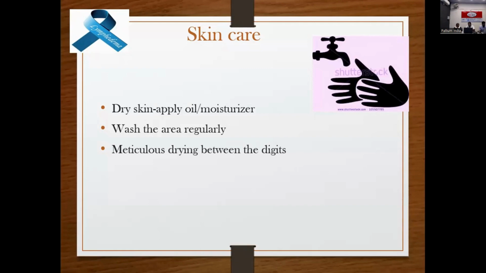Other than that, it is a portal of entry for microorganisms to the body, sometimes causing cellulitis and sometimes systemic infection. So the chance of getting infection is very high in lymphedema patients. So we have to take care of their skin. Tell them to take care of the skin properly, and we have to manage dry skin with moisturizing cream application.